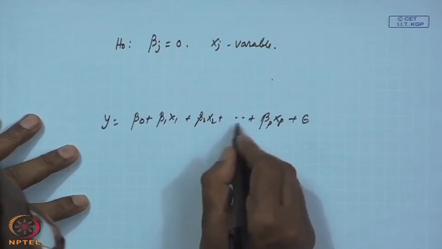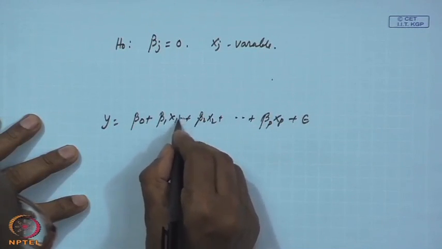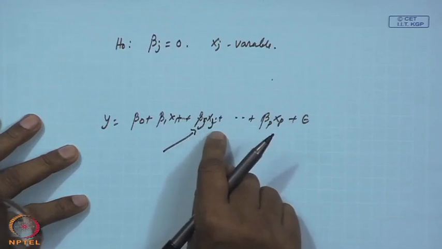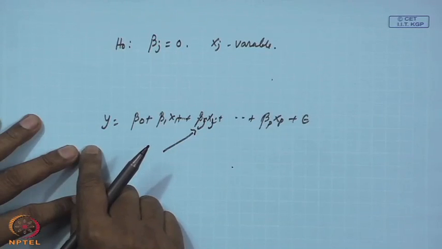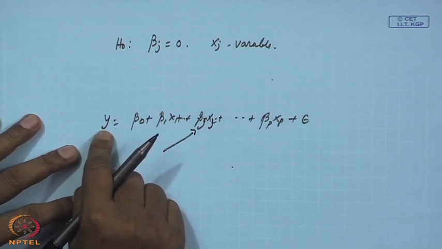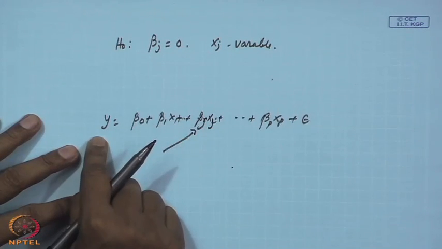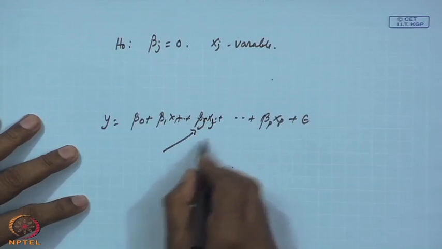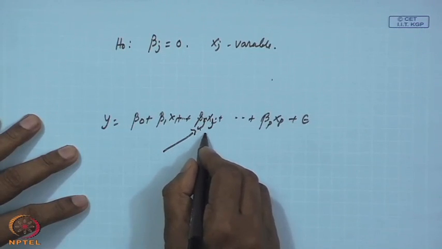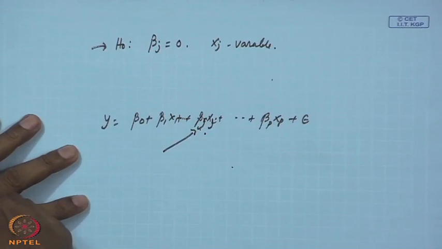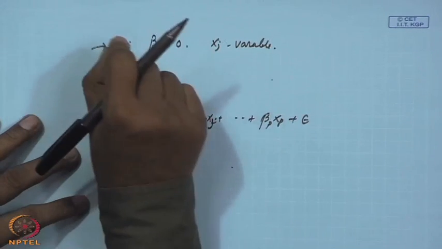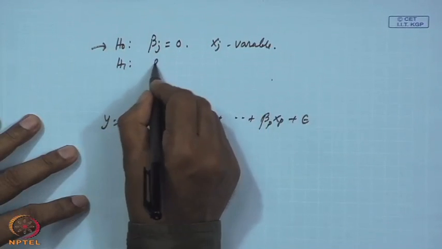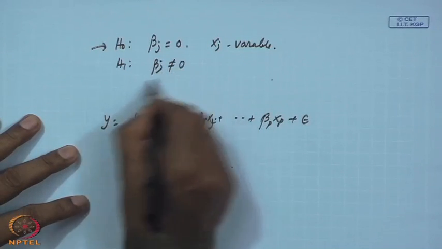Somewhere there is, suppose, our beta j xj. What we are saying is, if xj has no relation with y, otherwise xj does not contribute in explaining the variability of y, then we can assume that beta j value is 0. So, this is our null hypothesis when you test the individual regression parameters. Then the alternative hypothesis is beta j not equal to 0.